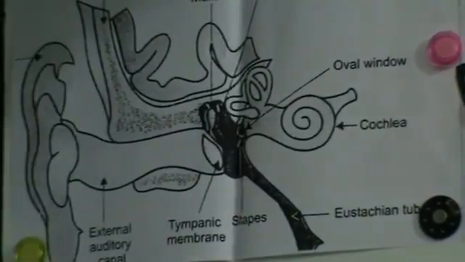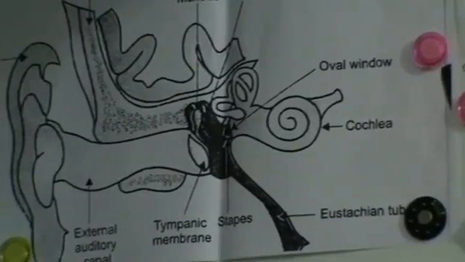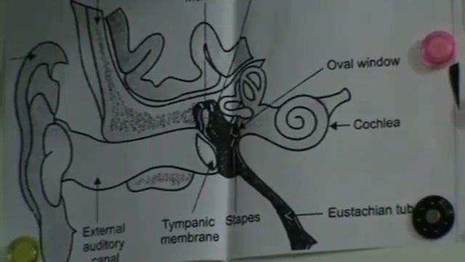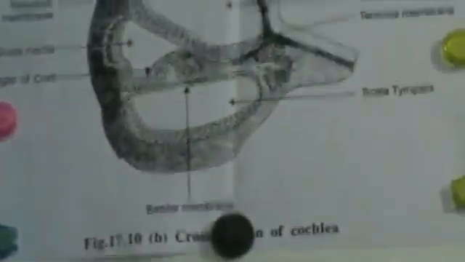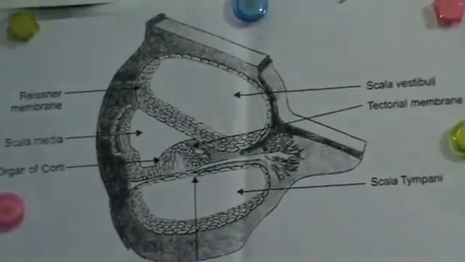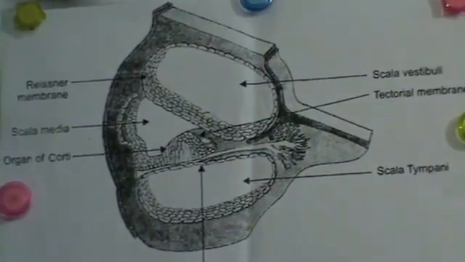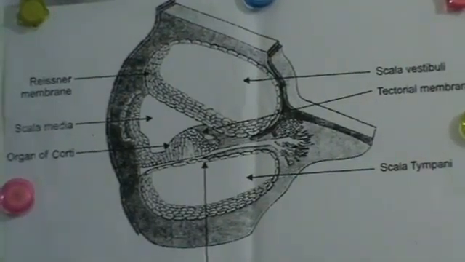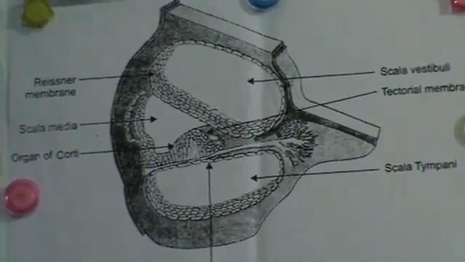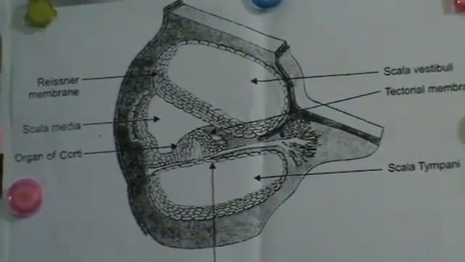Once it reaches the fenestra vestibule, the vibrations would be transmitted to the perilymph, and from the perilymph they would go into the scala vestibule, right? From the scala vestibule they would be passed to the apex, pass the entire length of the cochlea, and that way the vibrations would be set up in the basilar membrane of the endolymph, right?